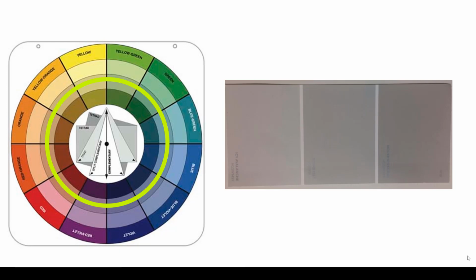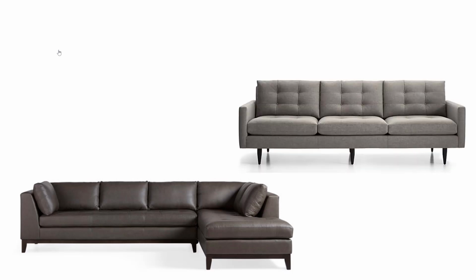But what happens when we use the color gray as the feature hue or color in our space? I like to start out with the larger statement pieces. And we do that by bringing in the 7 elements of design based on our style choices. Now, you can make that paint color gray the backdrop by putting it on walls, or you could bring it into your design through statement pieces such as your furniture.